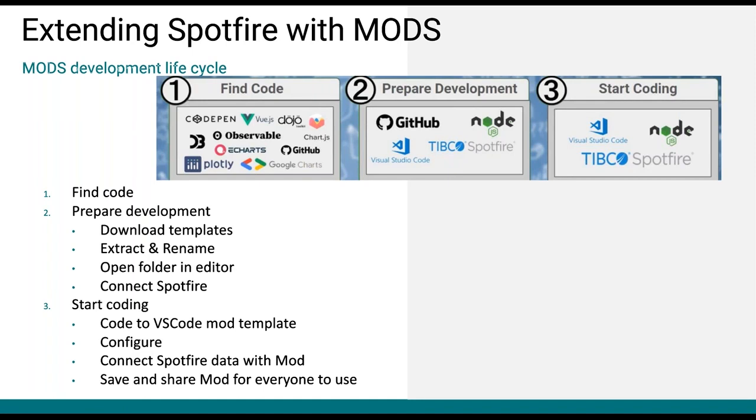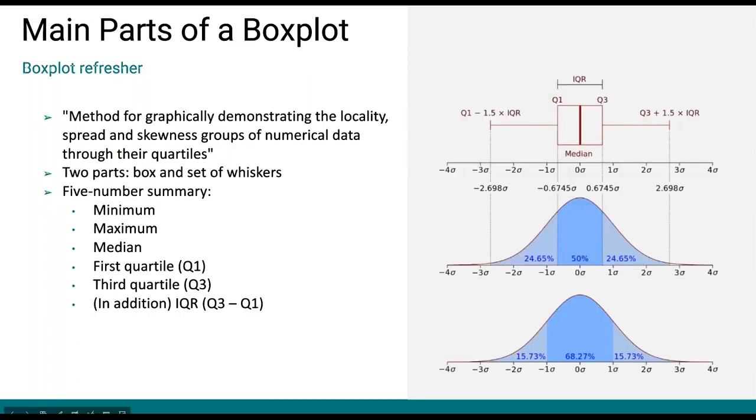It's the JavaScript Spotfire API, which is extended quite often, but currently not all the features are there. Of course, this is something that will be enriched in the future. So that's the challenge that mods development has so far. Let me go to the next slide.